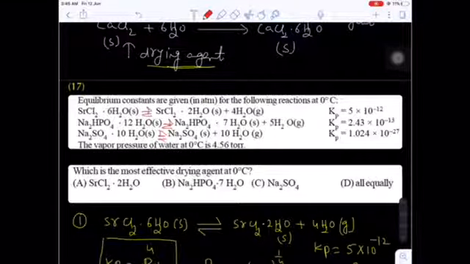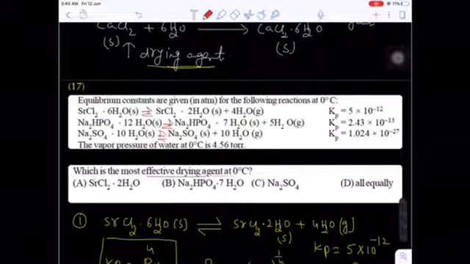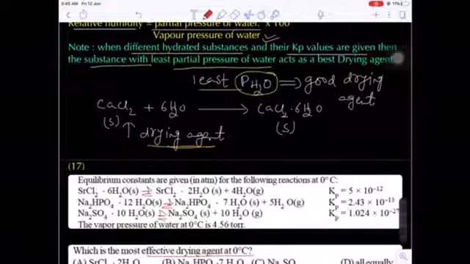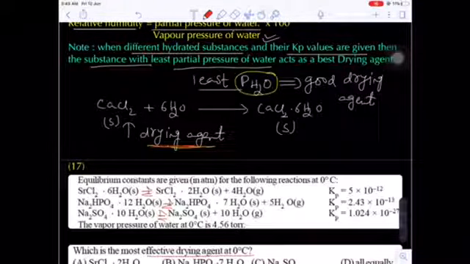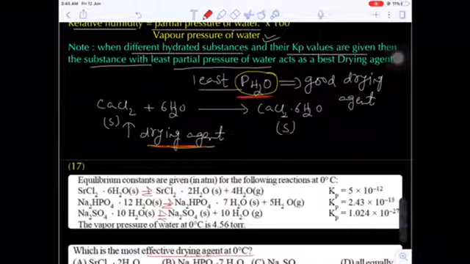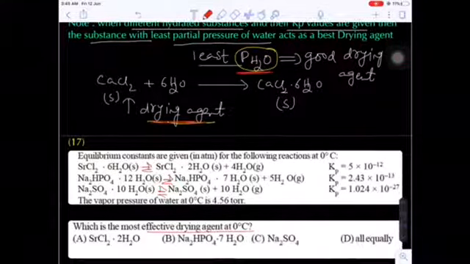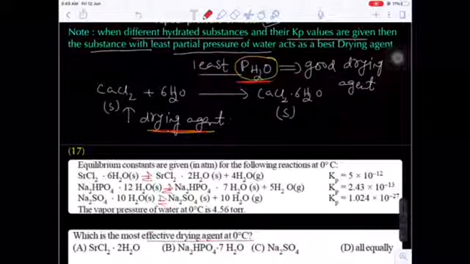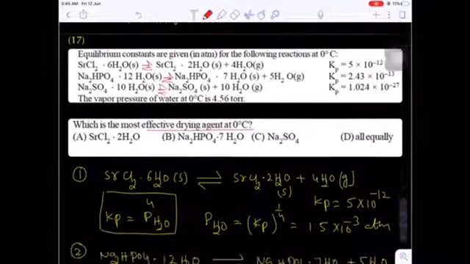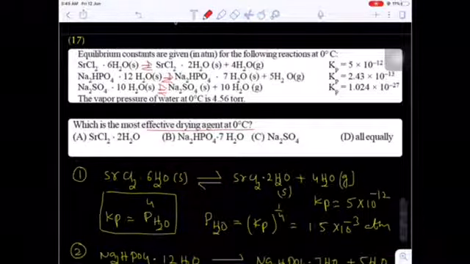Now the first question is, which is the most effective drying agent at 0 degrees Celsius. Just now I told you, to identify a good drying agent, we have to identify the partial pressure of H2O of the substance. Whichever has the least value is the best drying agent.